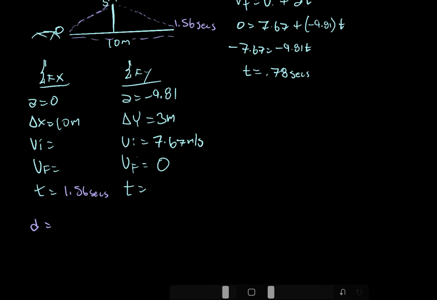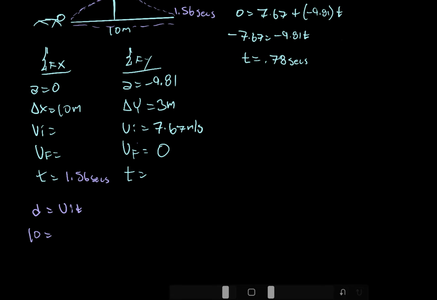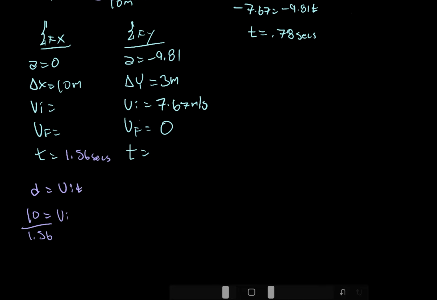So displacement is equal to V initial times time plus half acceleration times time squared. And in the x direction, acceleration is 0. So we can get rid of that. Actually, this is just going to be 0. So we have displacement, which is 10, and we'll divide by time, which is 1.56. So our V initial in the x is 6.41 meters per second.